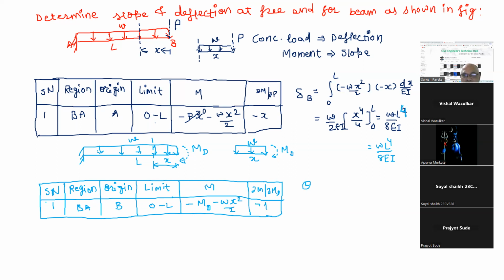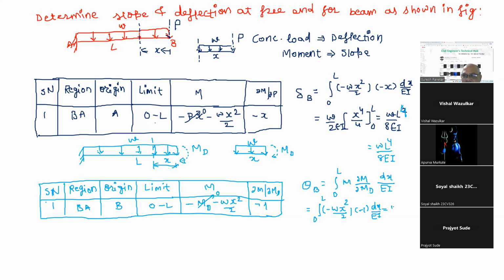And then we have theta B equal to integration 0 to L M into dM by dMd dx upon EI. And if we put the values, we have 0 to L, Md now we will put 0, and then we have minus wL square by 2 into minus 1 dx upon EI.